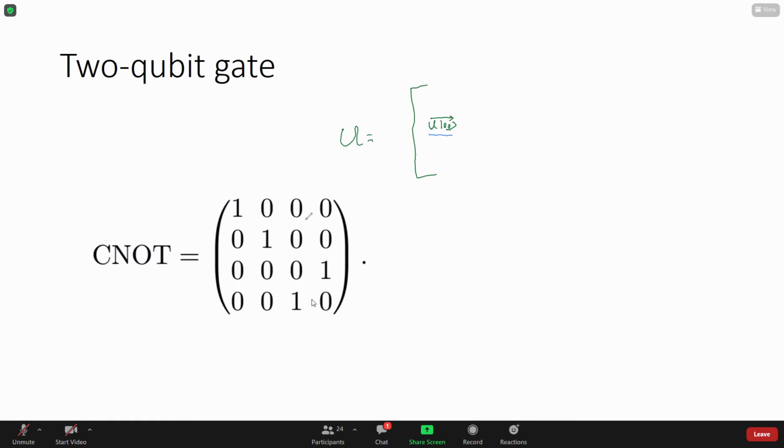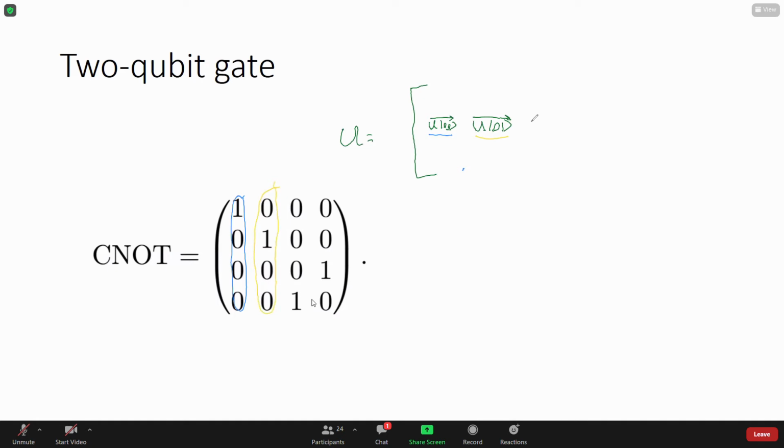This would be a blue vector, and you write that blue vector here. And similarly, you would have u on 0, 1, write that as a vector. And that would then be the vector that you write here.